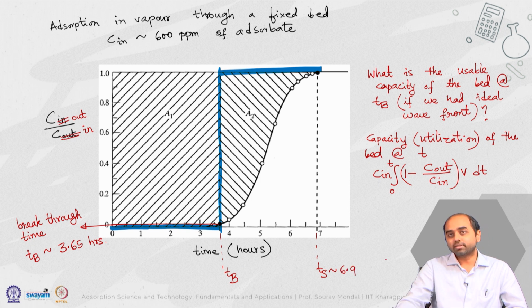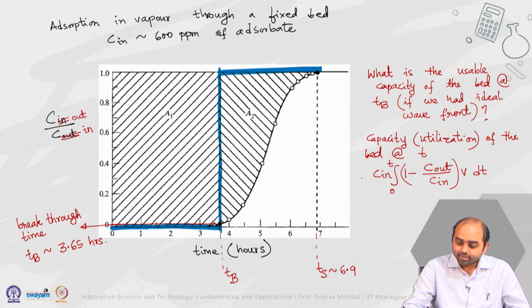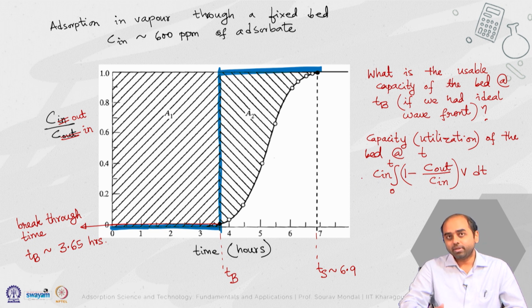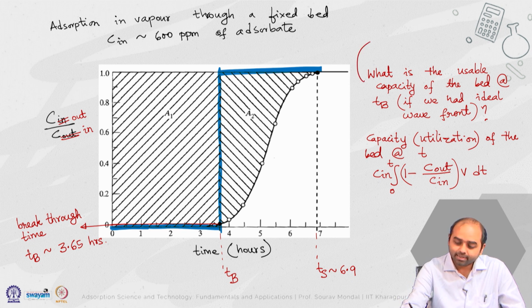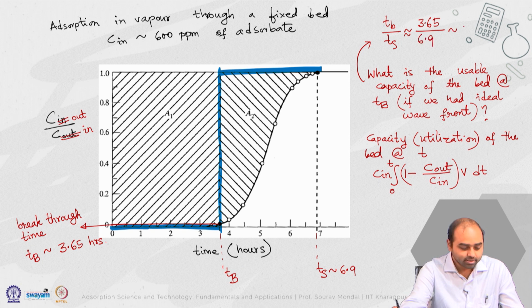So in this ideal scenario, instead of doing this integration under the curve, since these would be square or rectangular areas, the usable capacity for the ideal wave front can be related to the ratio of these two times as TB by TS, and in that case this would be 3.65 by 6.9 hours, which is roughly equal to 53%.